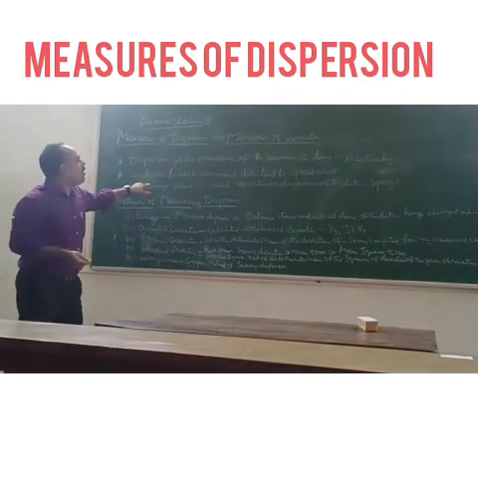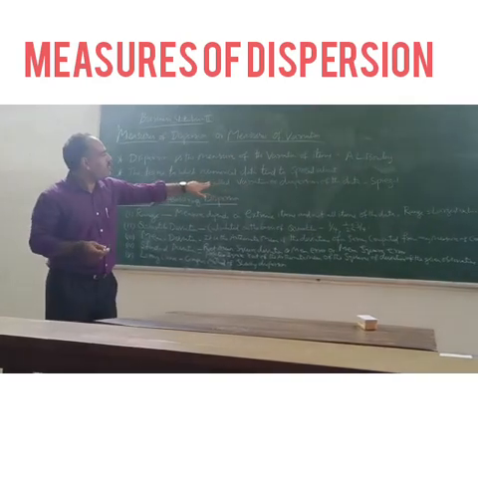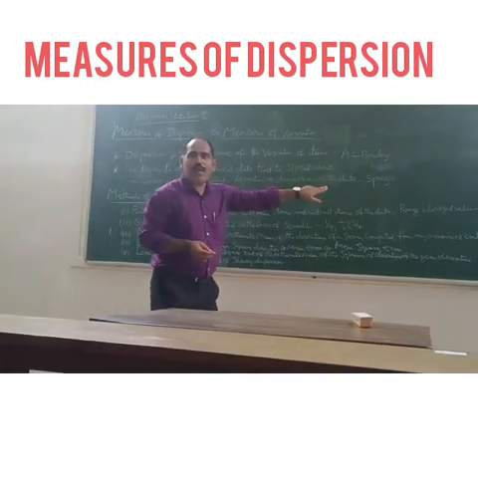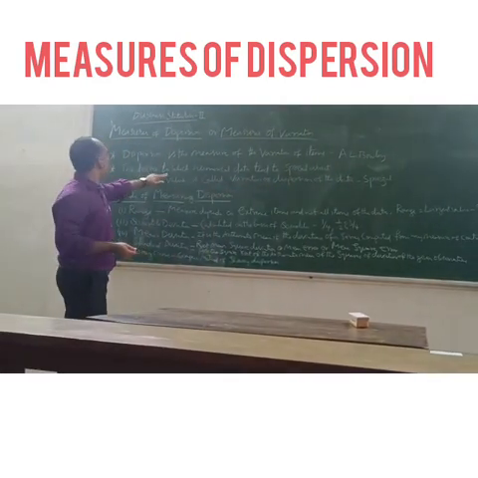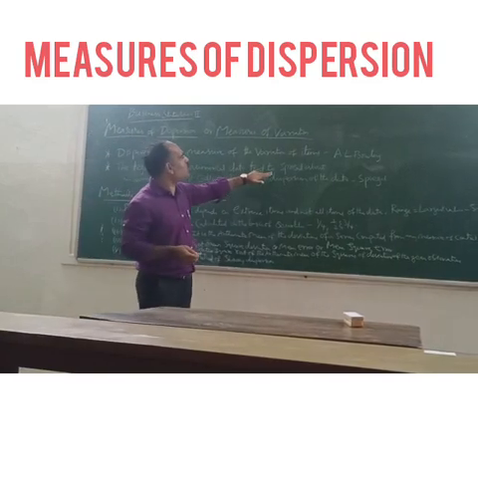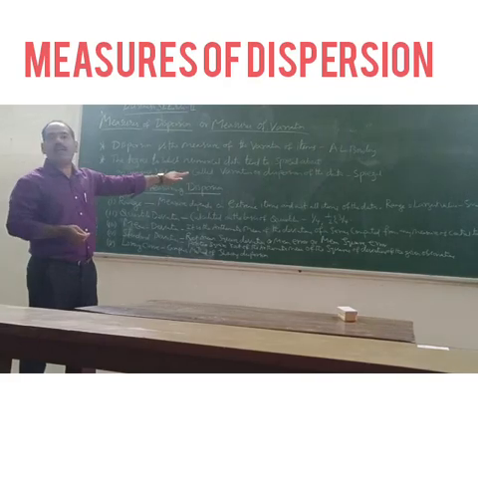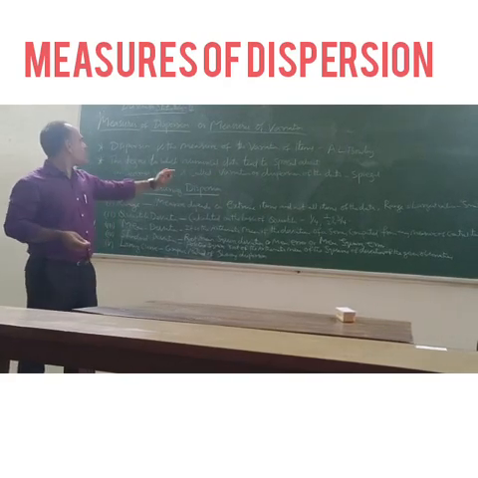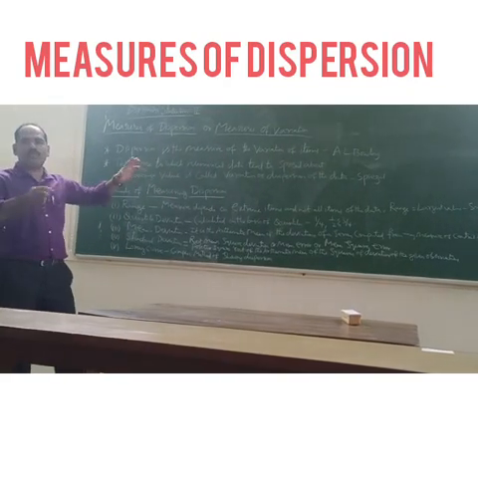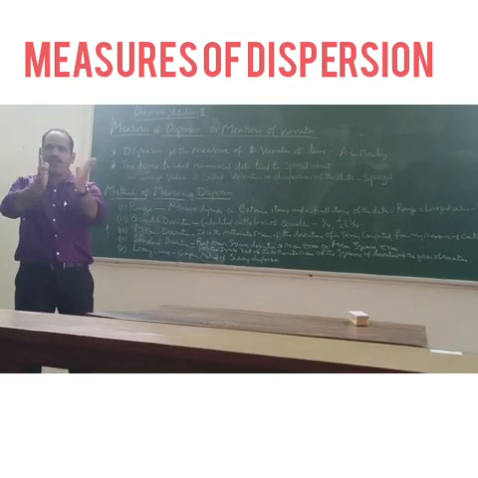One more statistician, Spiegel, has said that the degree to which numerical data tend to spread about an average value is called variation or dispersion. Here, the degree means the level of variation.